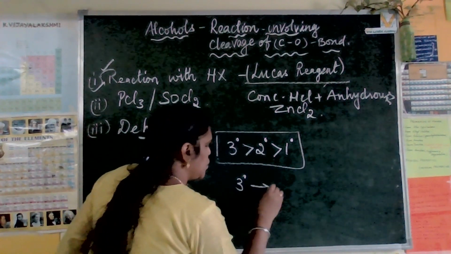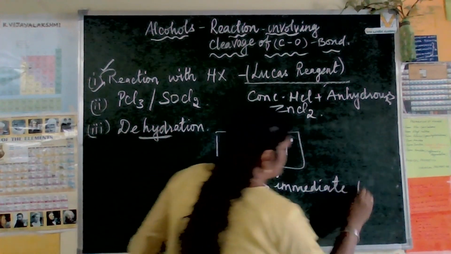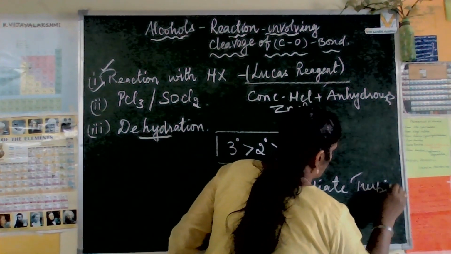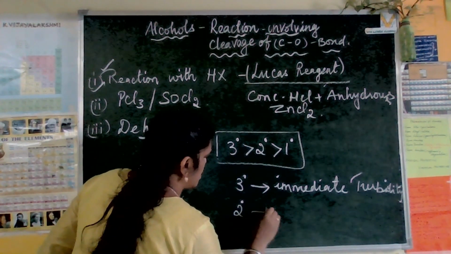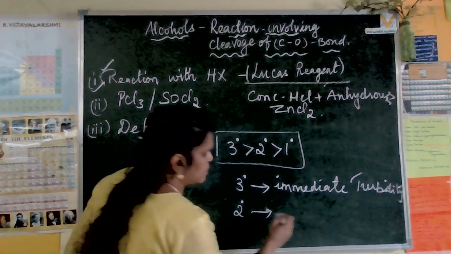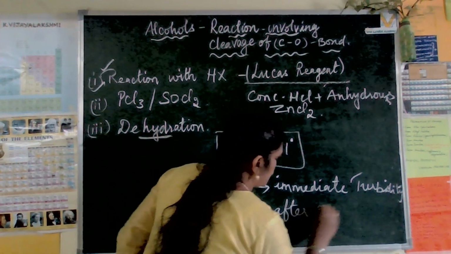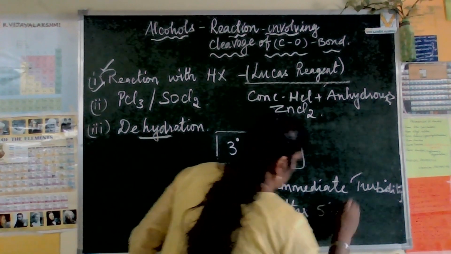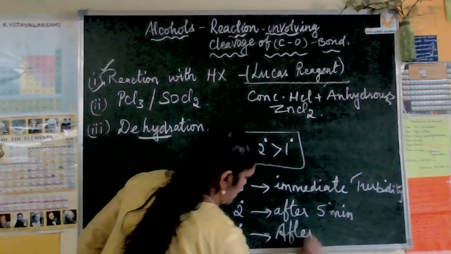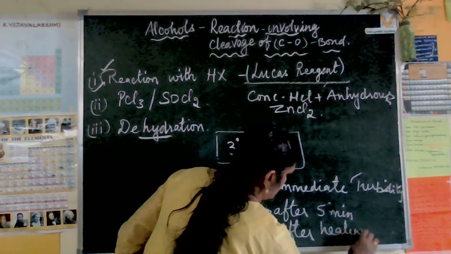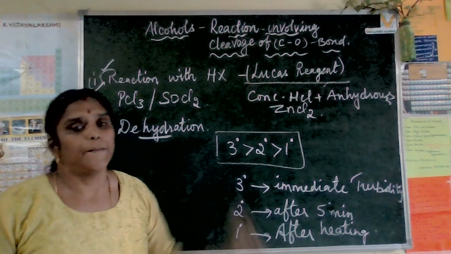Tertiary gives immediate turbidity, secondary alcohol gives it after 5 minutes, and primary alcohol after heating. Hope you're clear with it. This is a general point to be noted for the practical session.